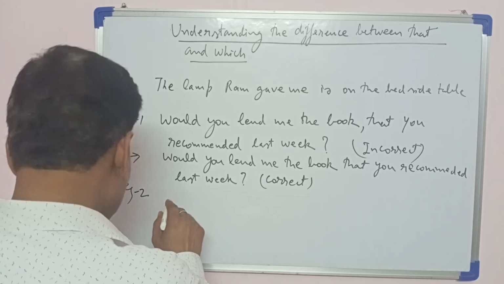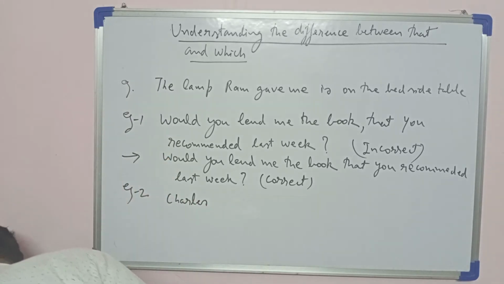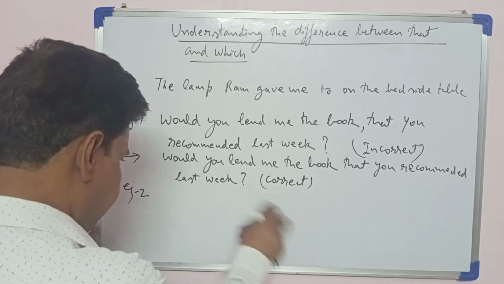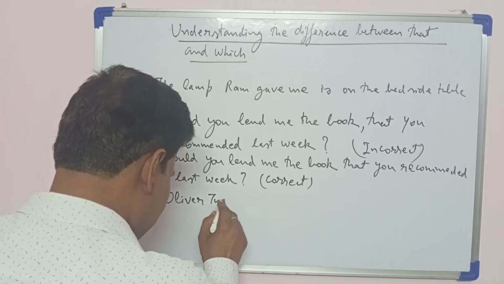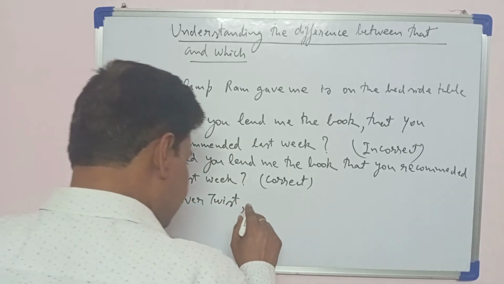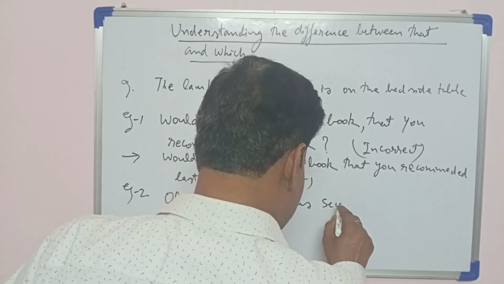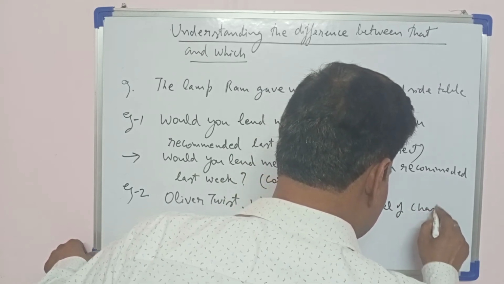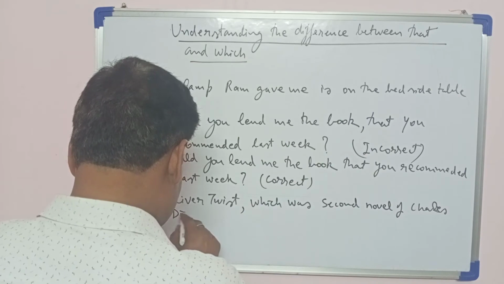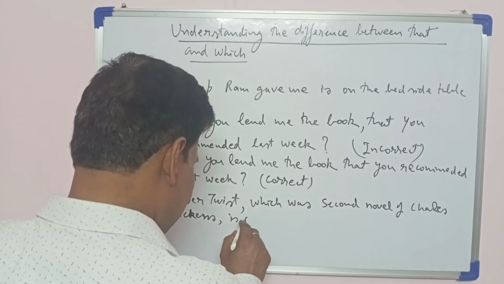Charles Dickens. Oliver Twist which was second novel of Charles Dickens is a classic.